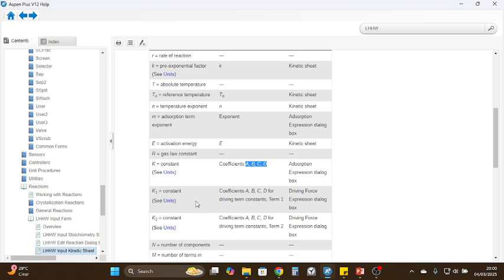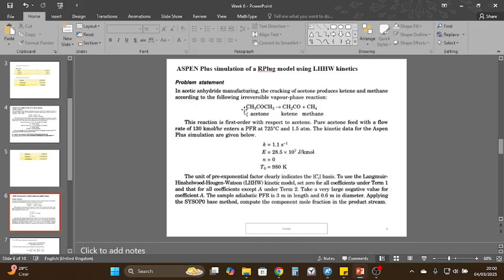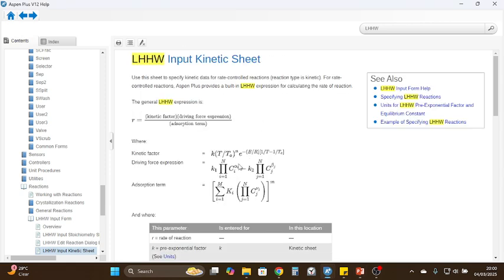How many driving forces are we going to have? Since we have only one component over here, we are going to have only one driving force. If there were more than one, then this second term would have come.